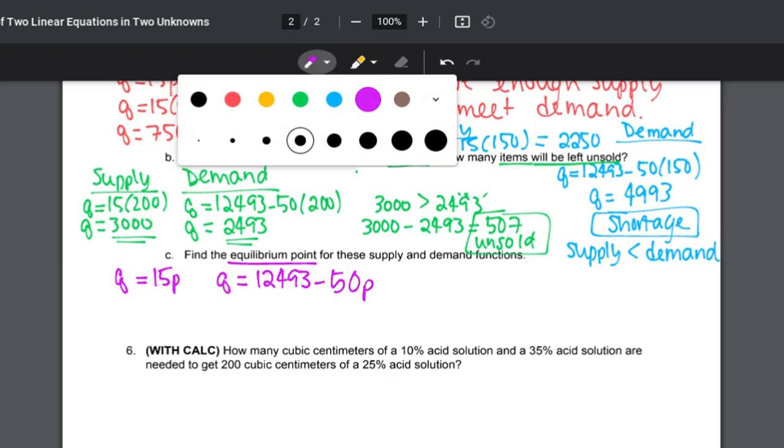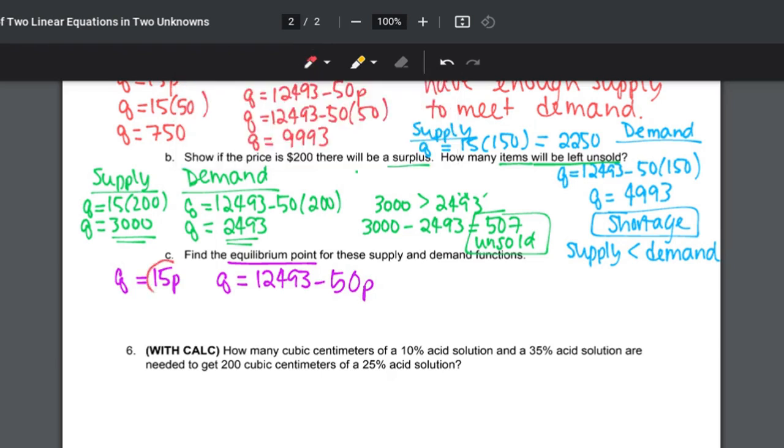All right, so I think that substitution is going to be your easiest method here. So I've got Q equals 15P. I can replace that in for Q in the other equation. So it's 15P equals 12,493 minus 50P. And if I add 50P to both sides, I get 65P equals 12,493.